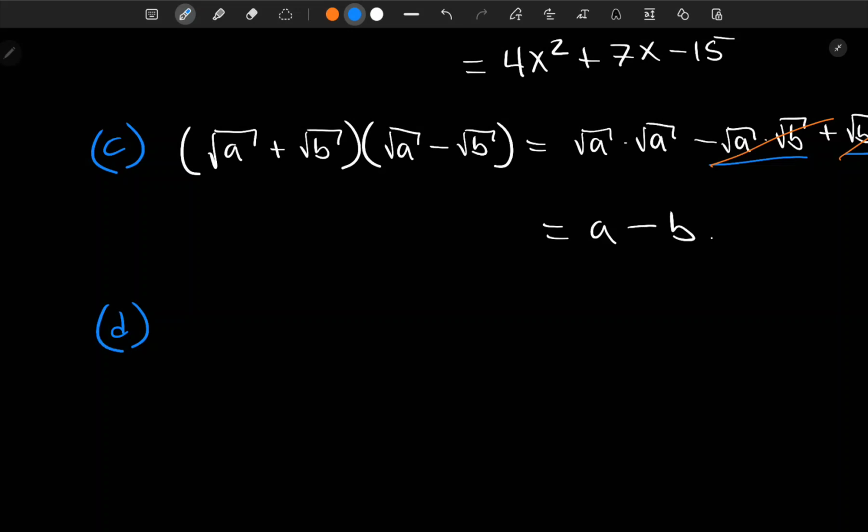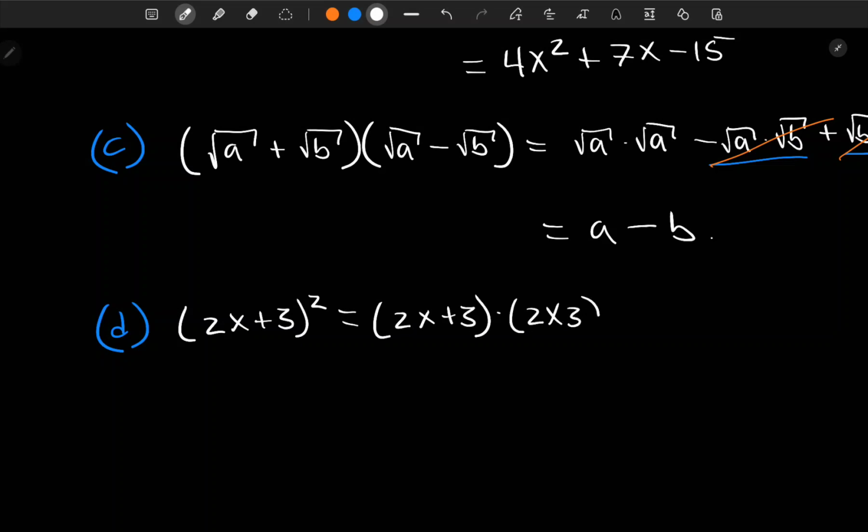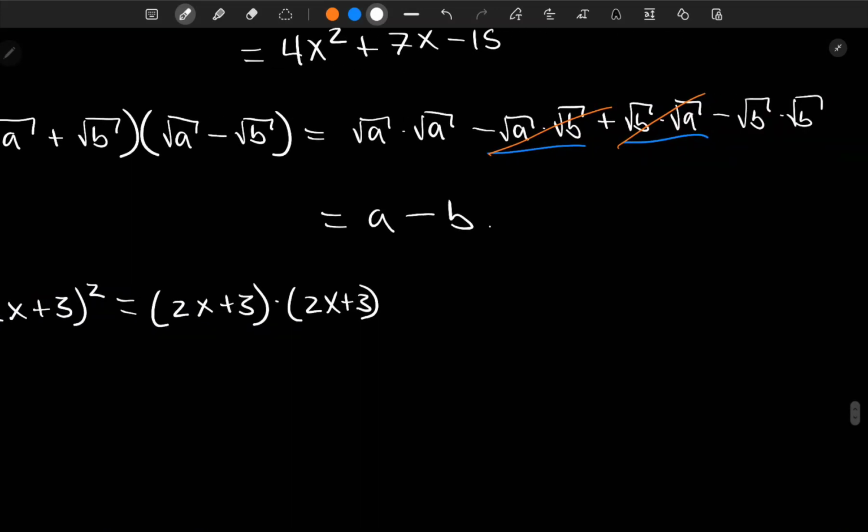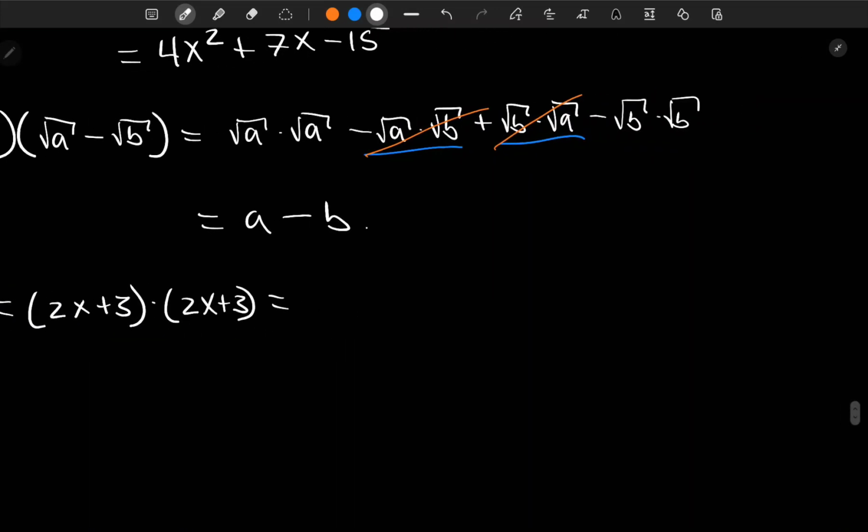Next, we wish to expand the 2x plus 3 squared. Well, whenever there's a square here, we expand it out. So we have 2x plus 3 times 2x plus 3. And then we proceed as before.